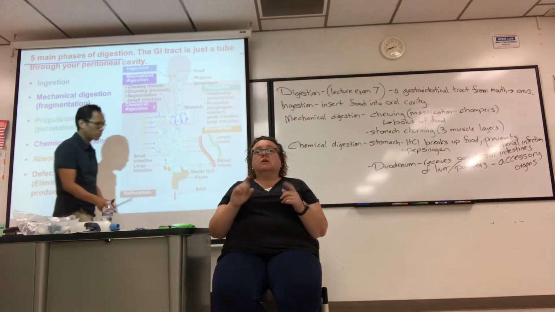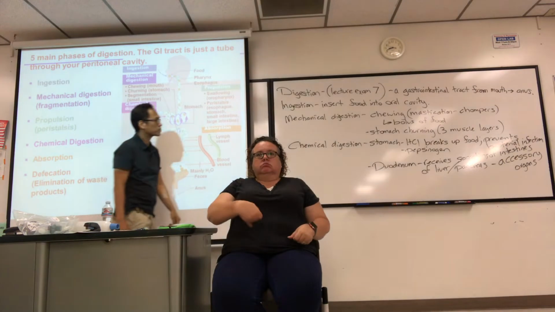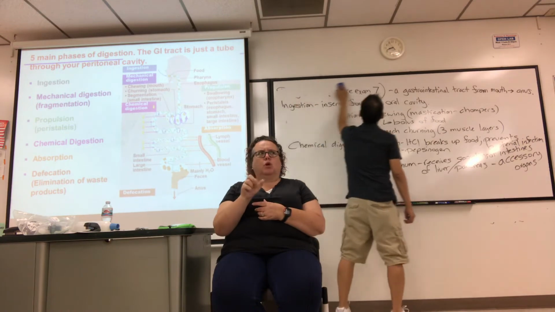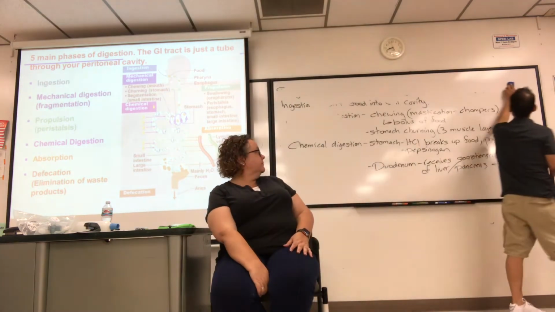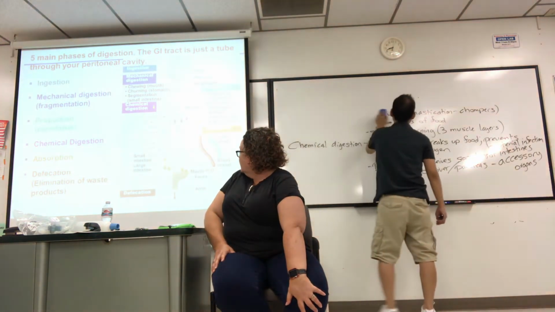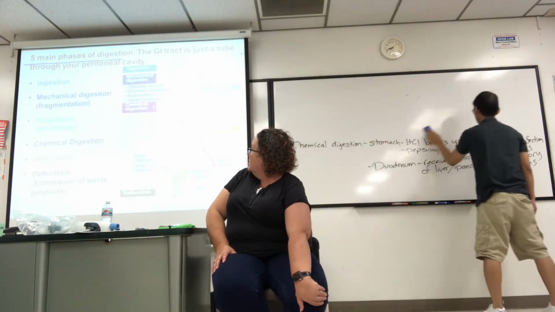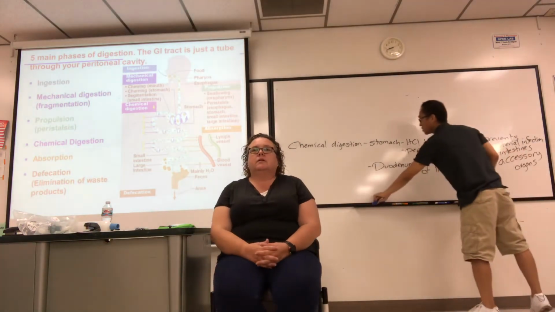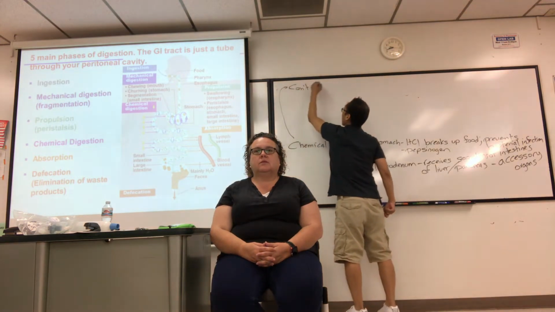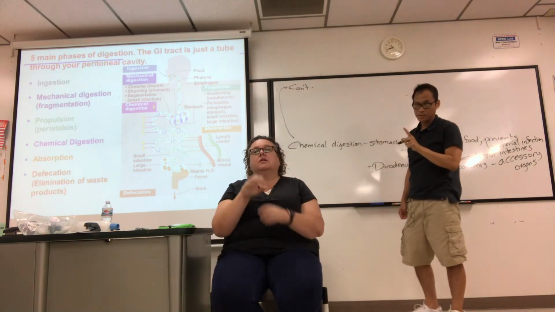Chemical digestion further occurs through the length of the intestine, which is about 21 feet, in the form of brush border enzymes. So I'm going to continue chemical digestion up here. These will be located in the mucosa of the small intestine.